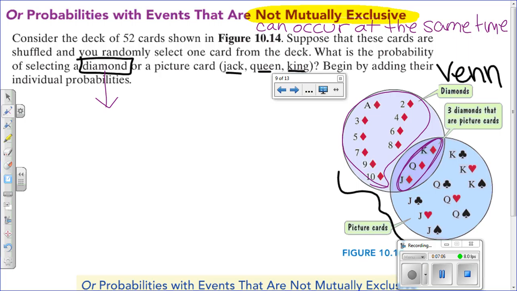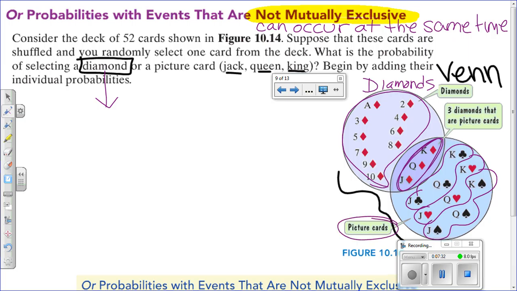And of course, there are other face cards, which will be the jack, the queen, and the king of clubs, hearts, and spades. We could say that this set is just the set of diamonds, and this set is the set of picture cards. It's actually written there for us. And so our intersection is right here: the ones that are diamonds, and they're also face cards.